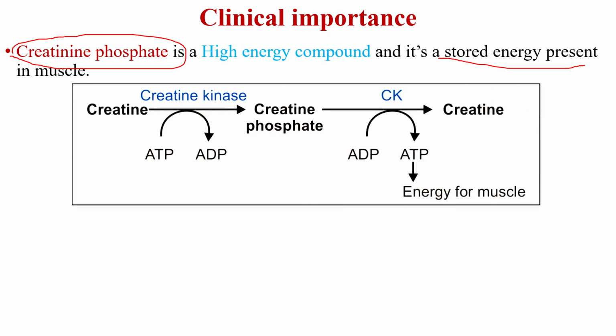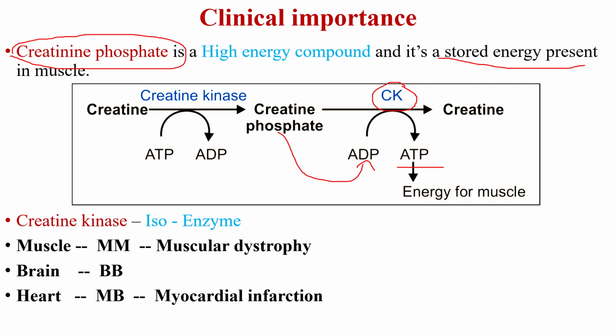Whenever we require energy, the creatine phosphate donates one phosphate group to the ADP and forms ATP, in the presence of the enzyme creatine kinase. Remember the creatine kinase. This ATP is used for energy for the muscle. As it is donating the phosphate group to the ADP, it means that the phosphate group is present in the creatine, so it acts as stored energy. So it is one of the high energy compounds.